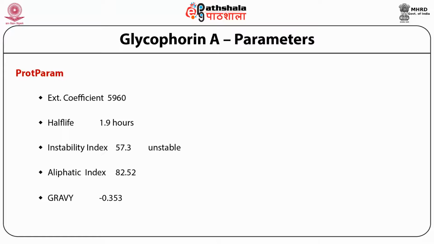GRAVY, which stands for Grand Average of Hydrophobicity, is the average hydrophobicity of a protein sequence, and an increasing positive score indicates an increase in hydrophobicity. For glycophorin A, the ProtParam tool reported a negative value, showing that it is not a highly hydrophobic protein.